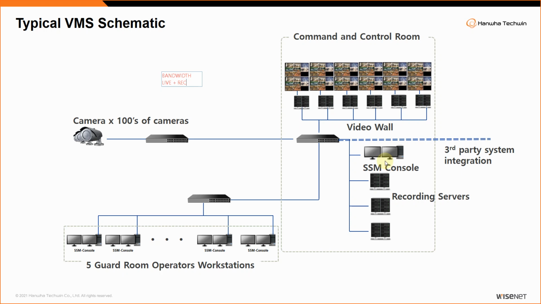If live and recording are the same resolution and same bandwidth, then for the sake of future-proofing your design, you can still take it as, okay, 2 megapixel, let's say 2 Mbps for live plus another 2 Mbps for recording. That is a good way to consider it for your project. Now, it's not always just two.